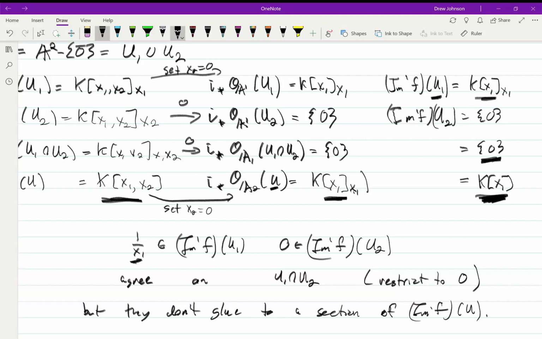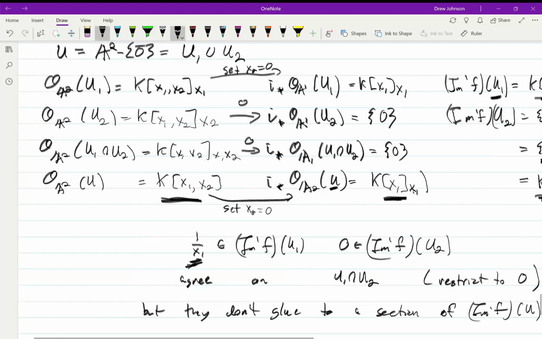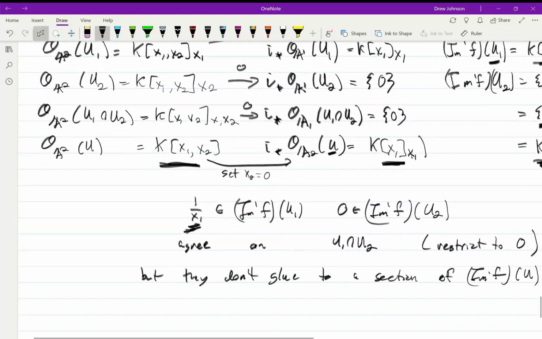But of course that can't happen, right? The restriction map from here to here is just the obvious inclusion. So you would never be able to get a fraction like 1 over x. Okay, so that was kind of a lot of writing, but the point of that is to show that the image pre-sheaf is not a sheaf in general.